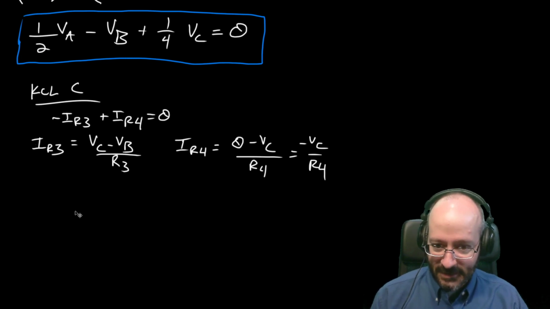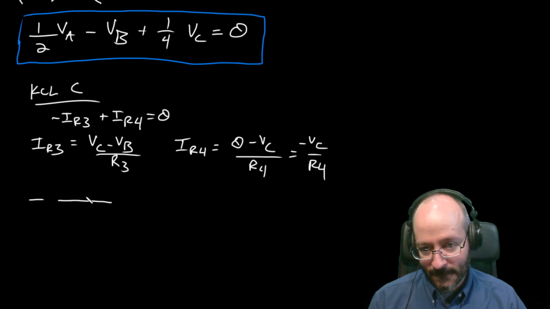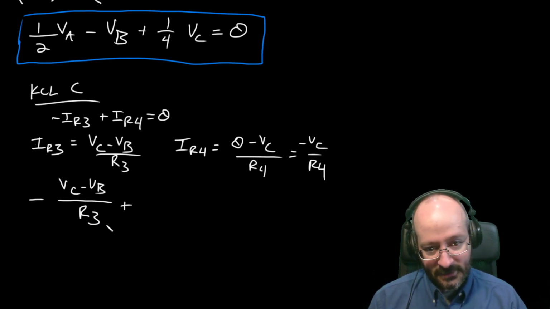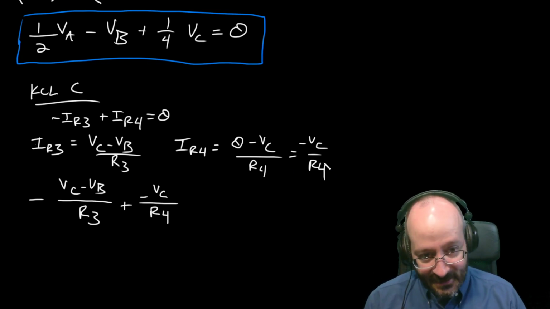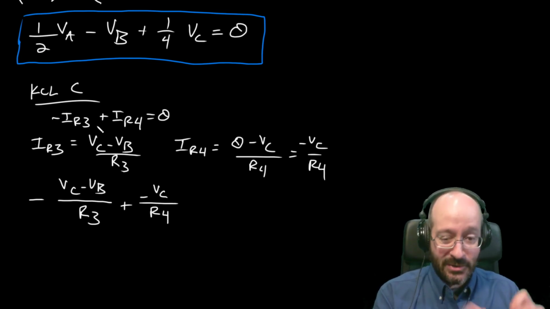Okay, so I just got to plug these in. The negative sign drops down, and I plug all of this in: VC minus VB over R3. The positive sign drops down from the KCL, and I plug this in. So here's the plus, and I get negative VC over R4. Getting that sign and this sign to match correctly is why we draw the arrows.